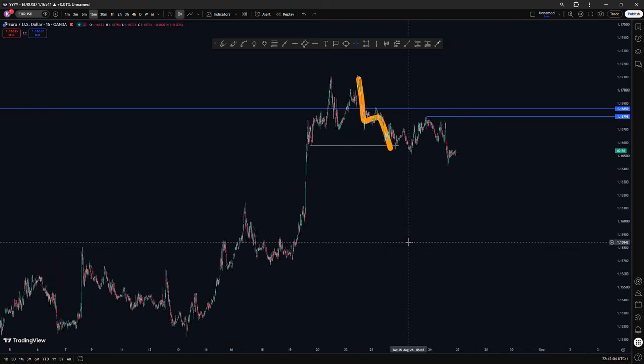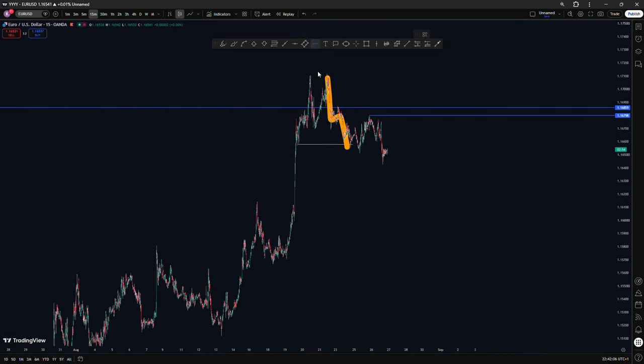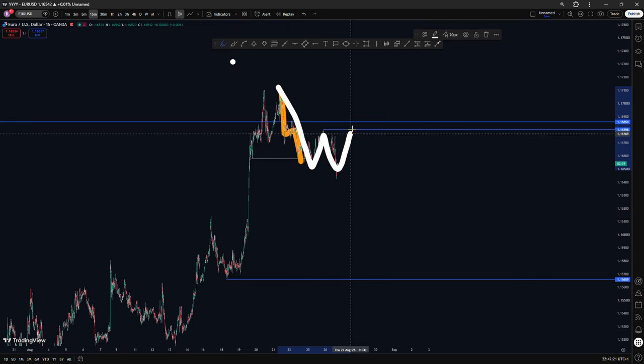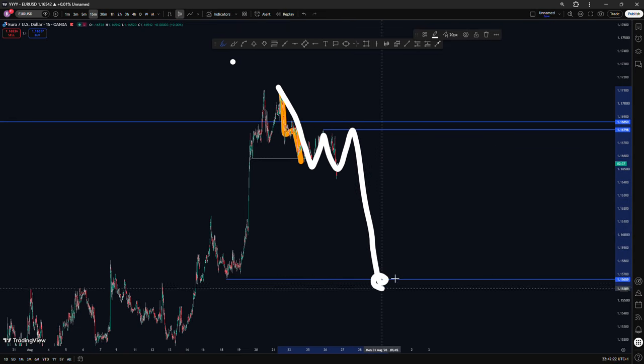Now, are there any other inflection points here? We have one down here. So since we have one down here, what I'm looking for is this entire move, the entire impulse, this pullback. My next target is down here. That's the idea.